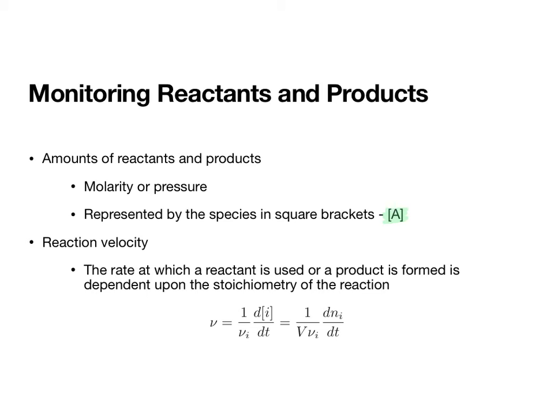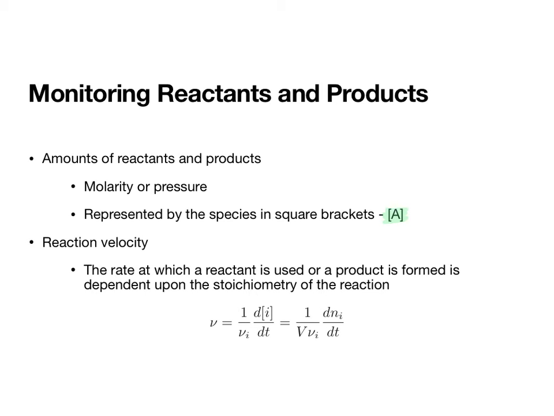The other thing that we are really working towards is to understand this reaction velocity. This reaction velocity is the rate at which a reactant is used or a product is formed. This value is dependent upon the reaction stoichiometry.